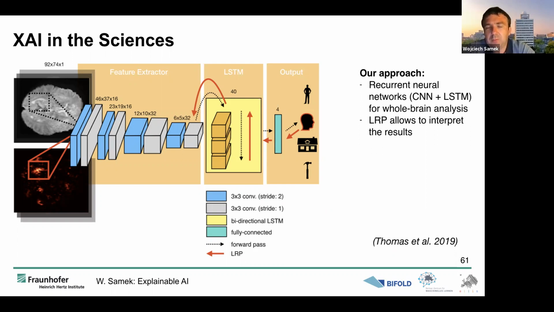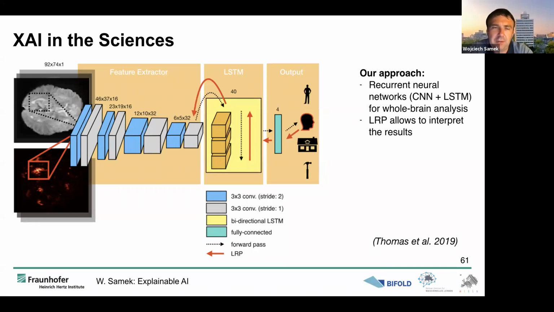There were certain protocols, but the important information is that there are 4 different types of classes, like faces, places, tools, and so on. And it was a decoding task. So you need to decode this information from the fMRI signal.